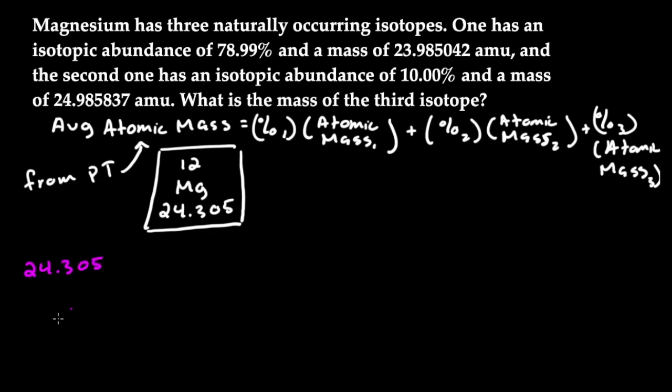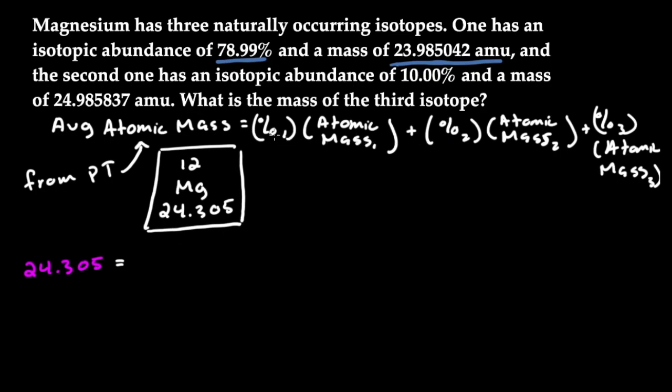So let's put in the 24.305 for the average, and then what I like to do is underline the numbers that go together, for the percentages and the atomic mass. So for example, we got this percentage here, and that goes with this one here. So I'm going to first convert this to a decimal.